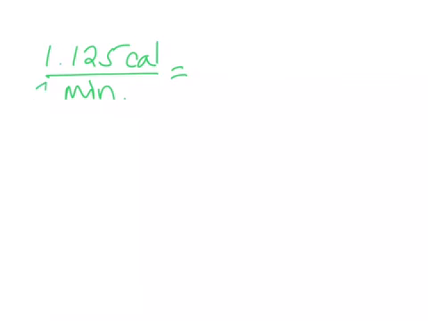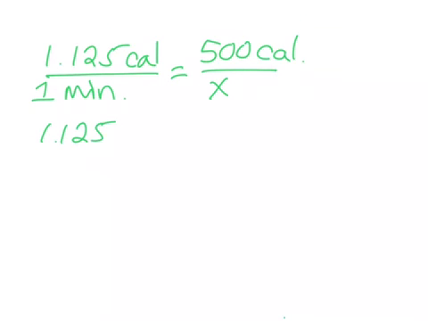We already figured out that Selena burns 1 and 125 thousandths of a calorie per minute when she is sitting. So we're going to use that same data for our unit rate. So that's for 1 minute. Then we're going to look at the French fries that are a total of 500 calories. And we don't know how many minutes that is. So we're going to do cross products. 1 and 125 thousandths times x is equal to 500 times 1.